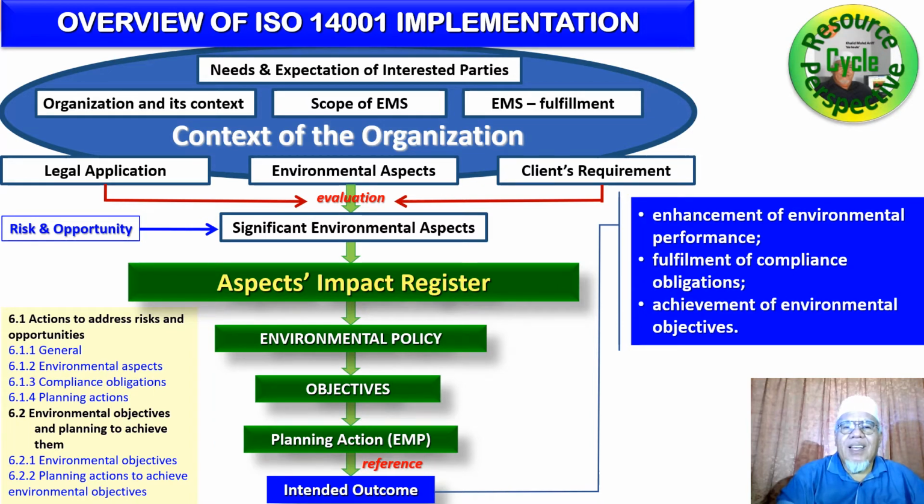Remember, ISO 14001 version 2015 states that the environmental management system manages environmental aspects by fulfilling compliance obligations and addressing risks and opportunities. That is important for us to understand.